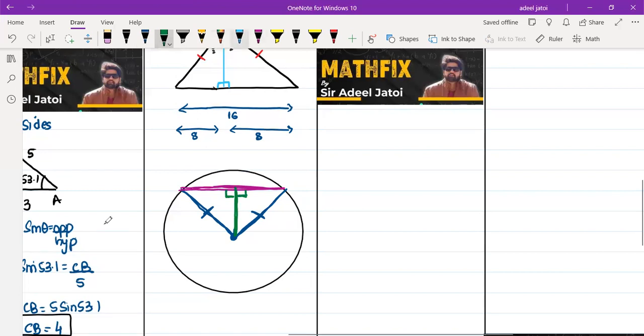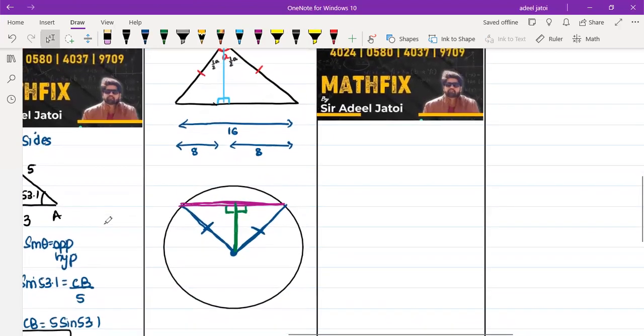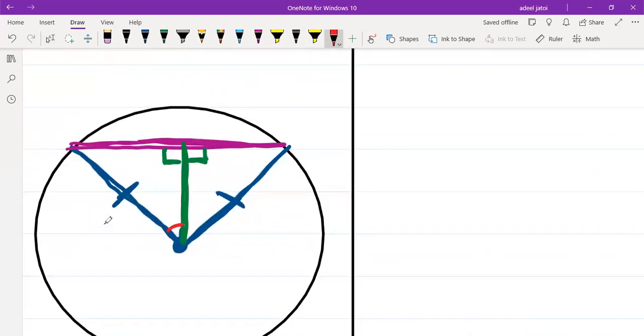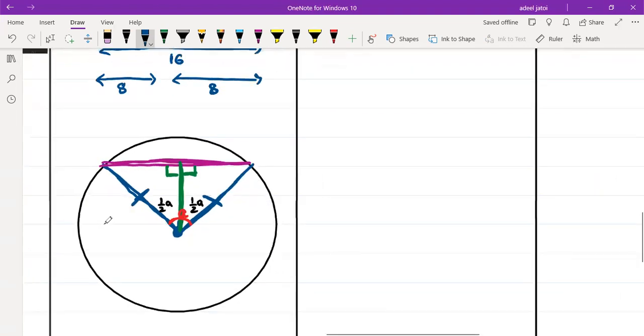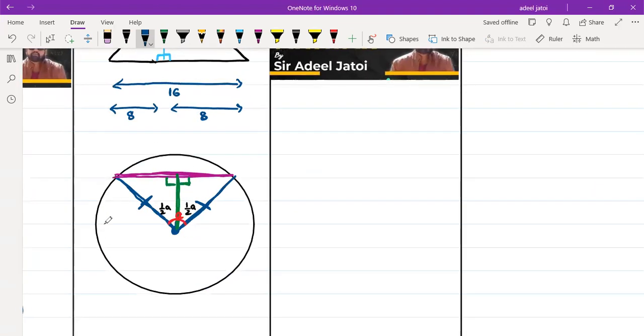This is the same property that we have just done, the isosceles triangle property, which means this particular angle A will now be divided into two equal parts, half A and half A. And if the length or any height is given, we can use trigonometric ratios for this particular question as well.